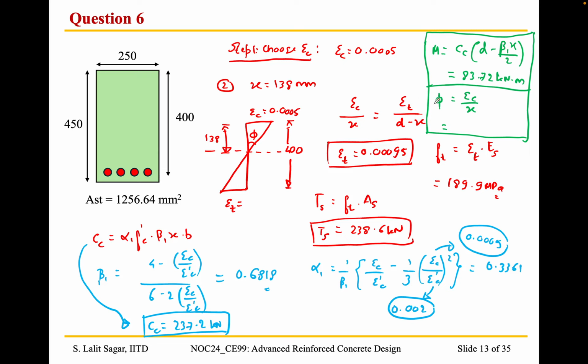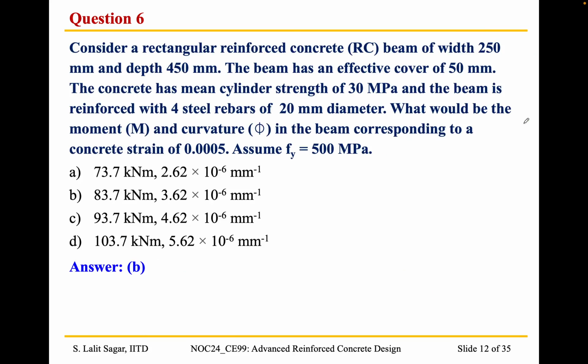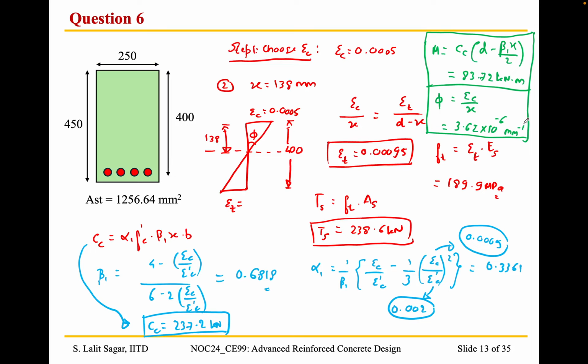We get a value of 3.62 into 10 to the power minus 6, and the unit is mm to the power minus 1. Okay, so yeah, the correct answer is 83.7 kilonewton meter and 3.62, right?